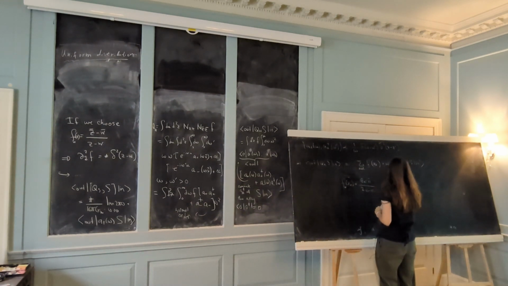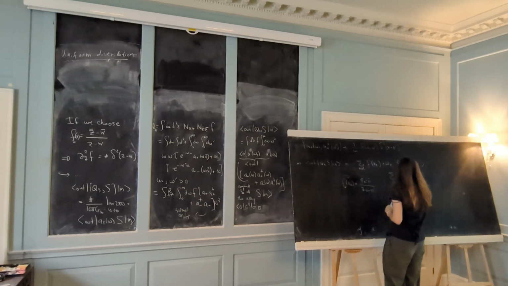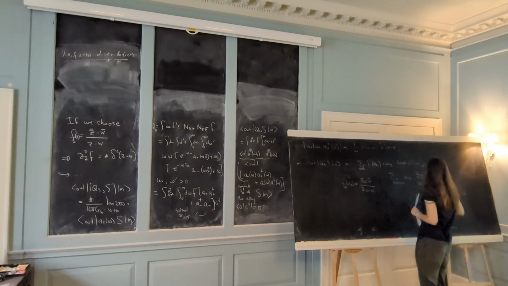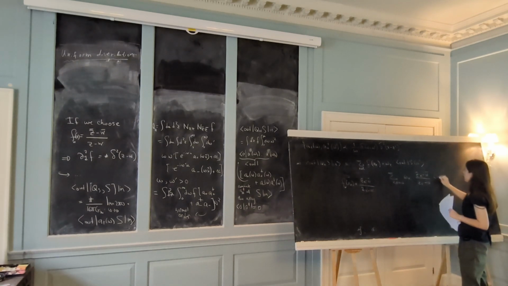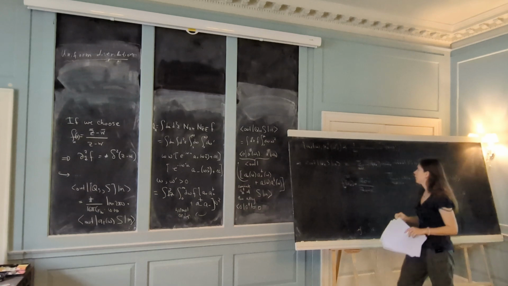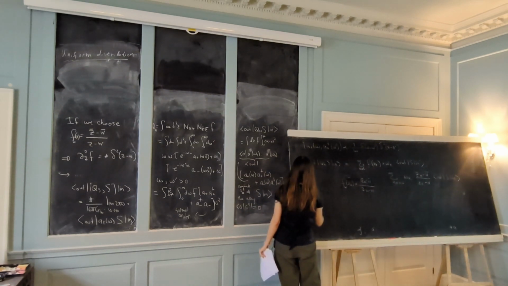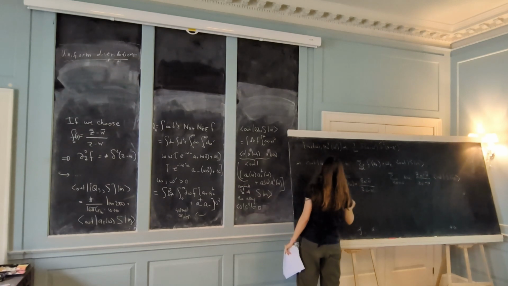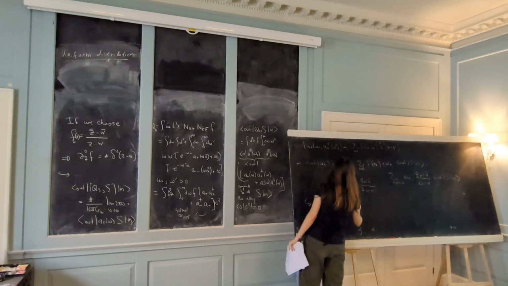We find that this is the sum over k out of omega k z bar k minus w bar divided by zk minus w, and then out S in. And then you get something similar for the other one.